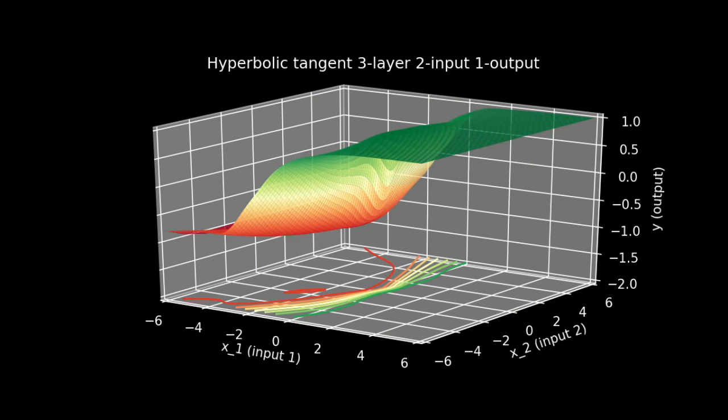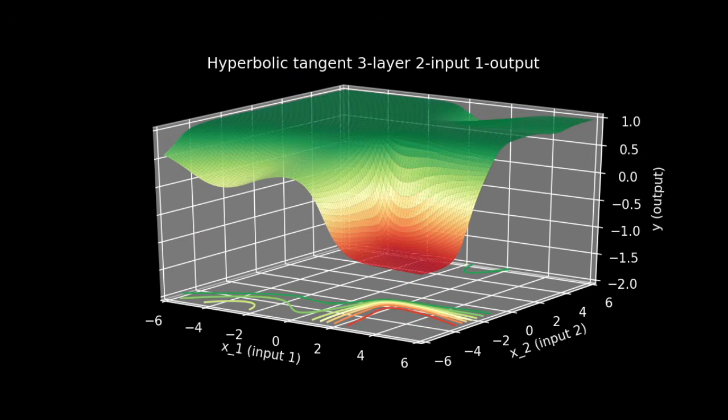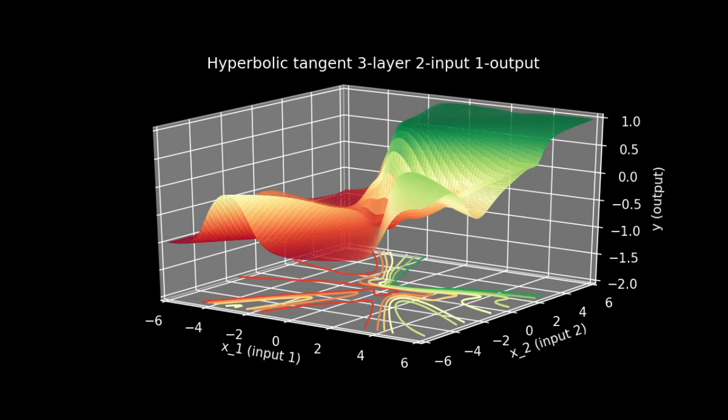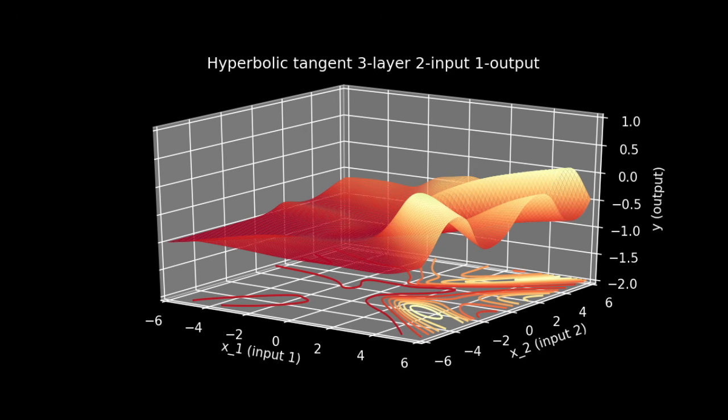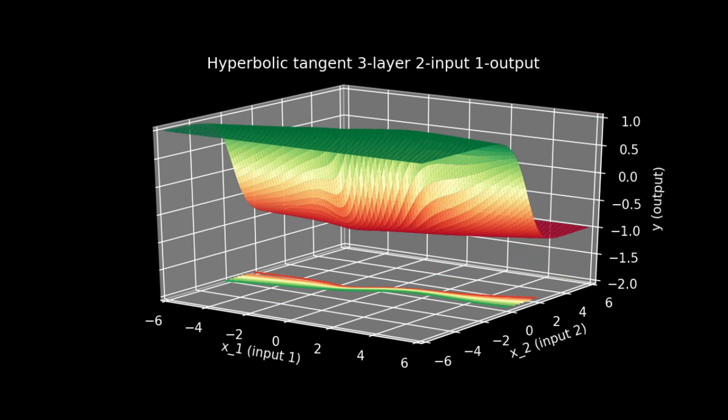Some of them are nearly straight lines, albeit with a small wiggle. Some of them have wilder bends and curves. And some of them chop the input space up into several disconnected regions of green and red. Sometimes there's a small island of green or island of red in the middle of a sea of the other color. The variety of boundaries is what makes this such a powerful classification tool.